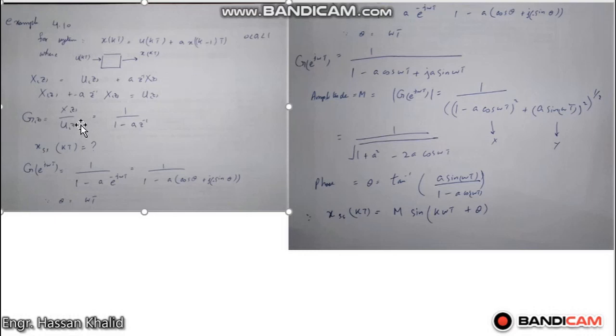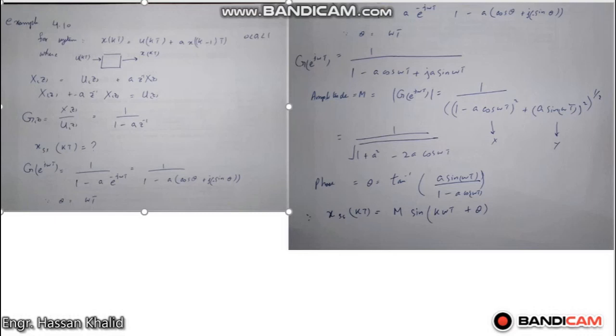Now let's define the impulse transfer function X(z) over U(z), that's equal to 1 over 1 minus a into z inverse. If you want to find the steady state of the output x(kT) with the input defined as sinusoidal, you just need to replace z with e raised to the power jωT, as we discussed in slide number 7.